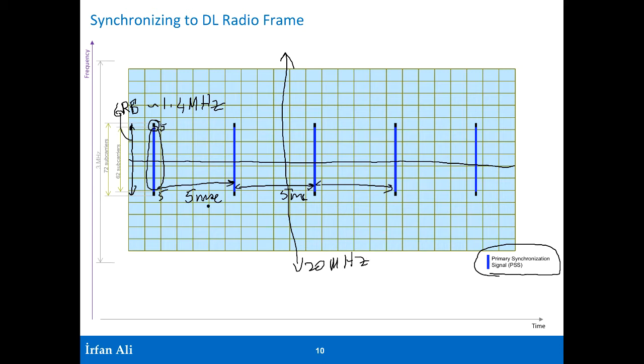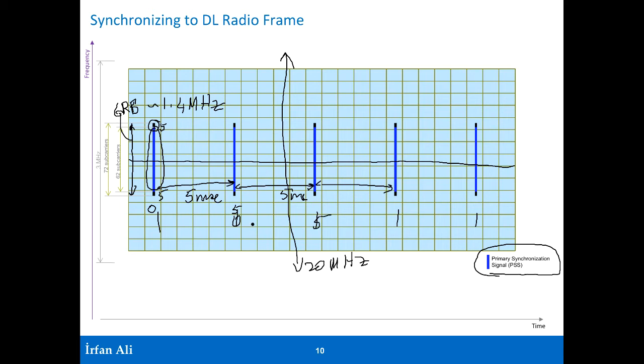With this, the mobile knows that it's got a structure of 5 milliseconds, and the mobile also knows that this is sent in the 0th and the 5th subframe of every radio frame, but he has no idea whether this is 0 or this is 5, or whether it's actually 0 is this one and 5 is the next one.